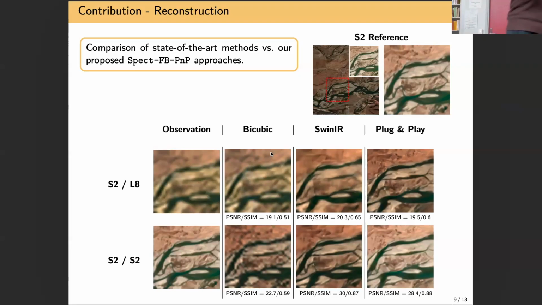Typically here, in the most important reconstruction, because it's directly on the Landsat observation, we can see that, for example, this part of the river is missing in our SwinIR representation, which is an important element, and we also saw that in other reconstructions that we obtained.